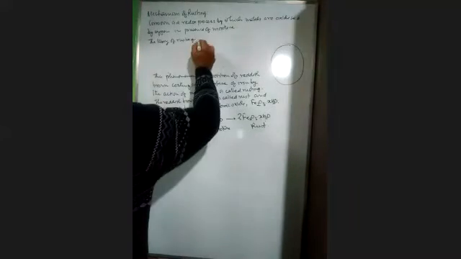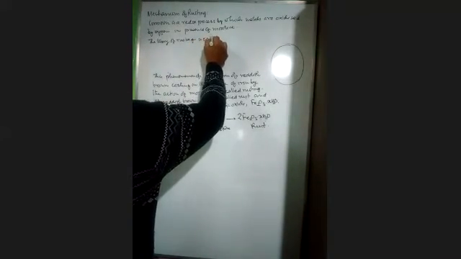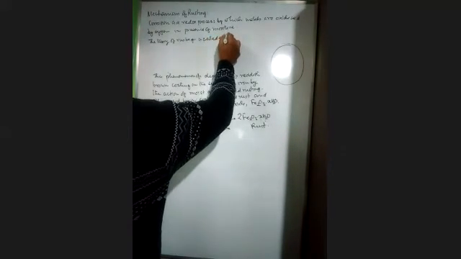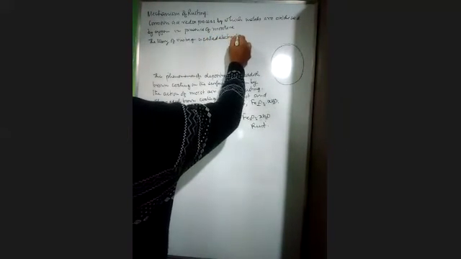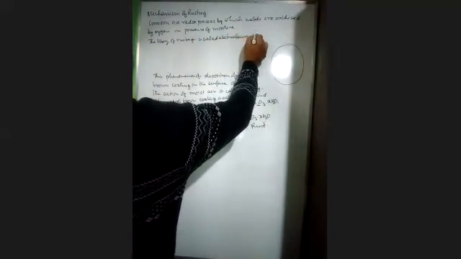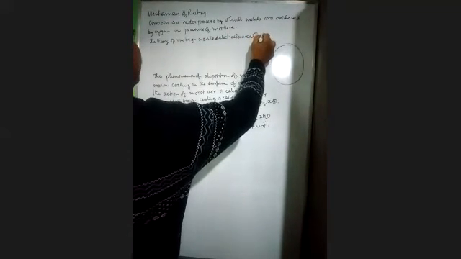The theory of rusting is called the electrochemical theory.